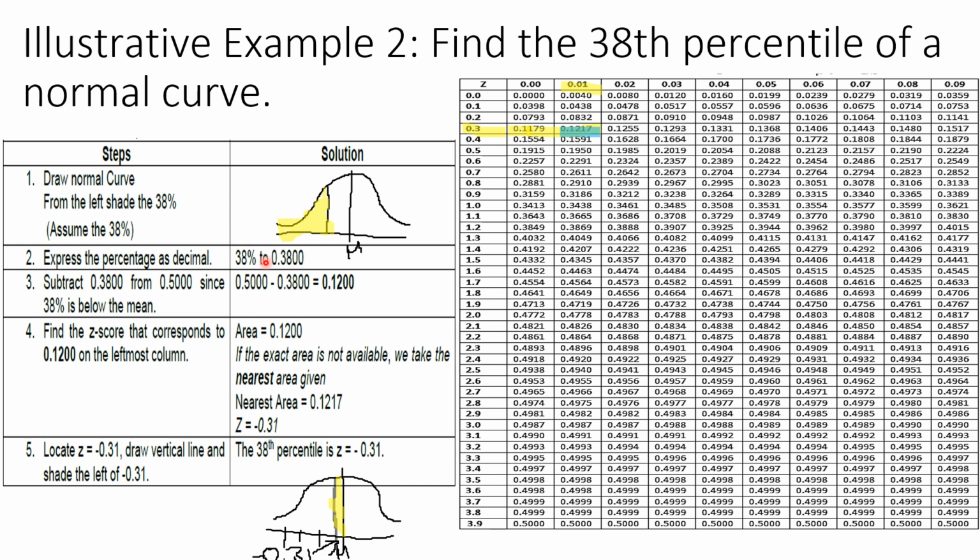Kung sino yung mas malaki sa 0.5, siya yung isusubtract natin. So, you can use the concept of percentile to get the corresponding z-score of a certain area.